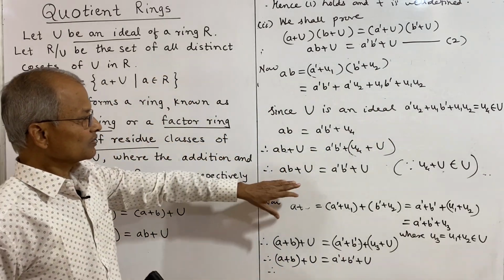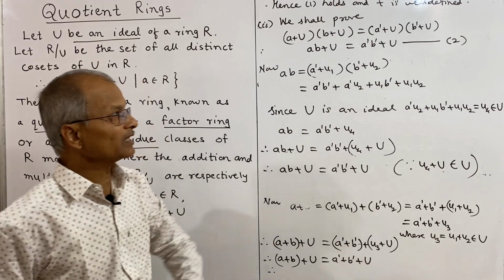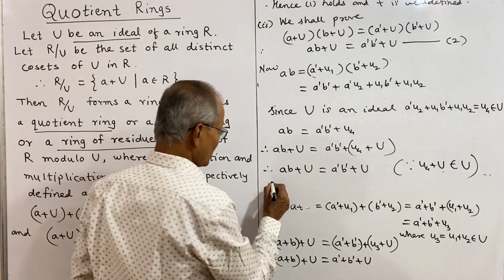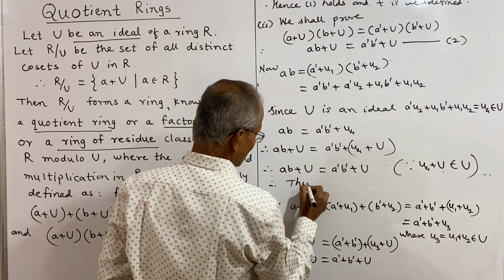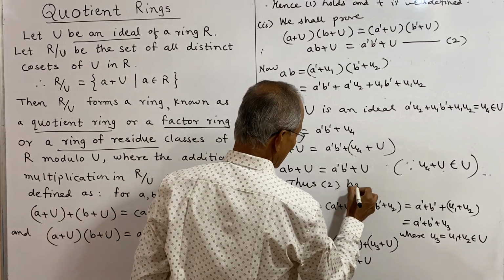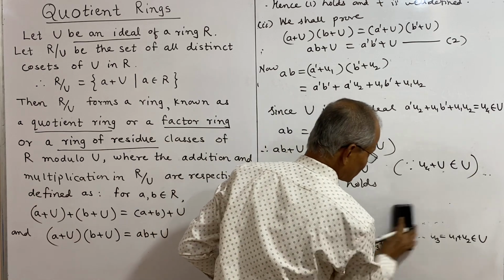and this shows that second holds, ab plus u is equal to a'b' plus u, and therefore 2 holds, and multiplication is well defined.